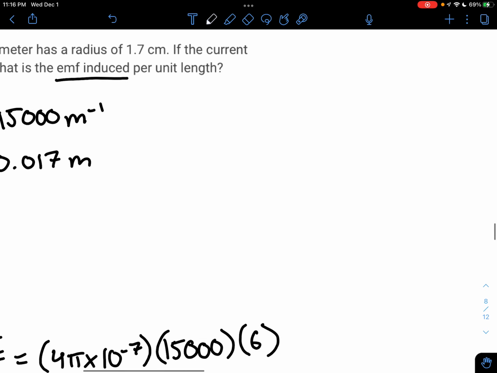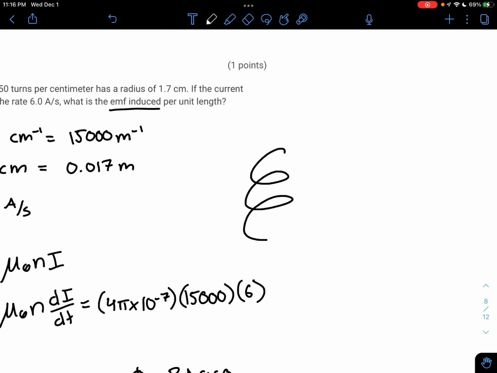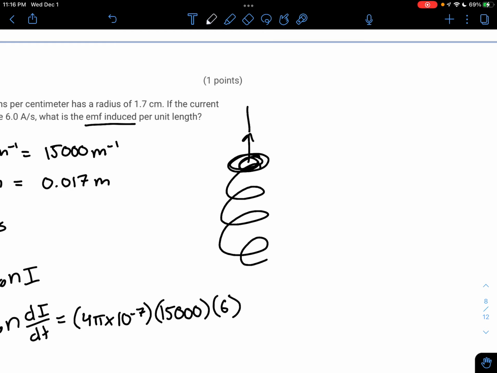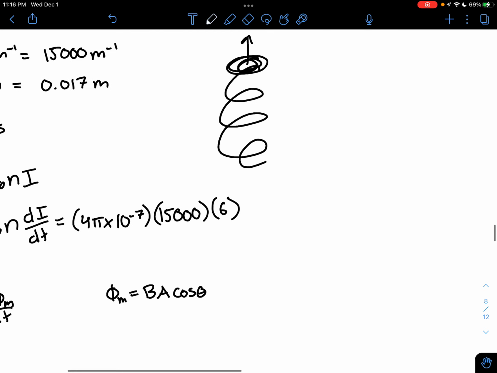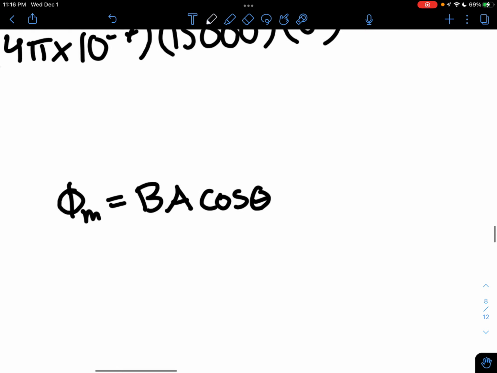The area vector for a solenoid is the cross section coming out here, and our magnetic field is going in the same direction. So the angle between our area and magnetic field vectors is 0.